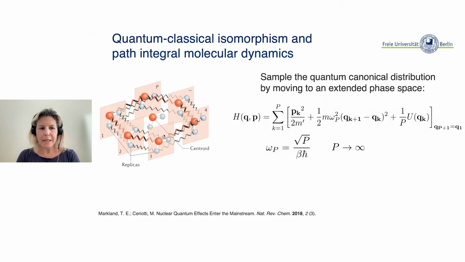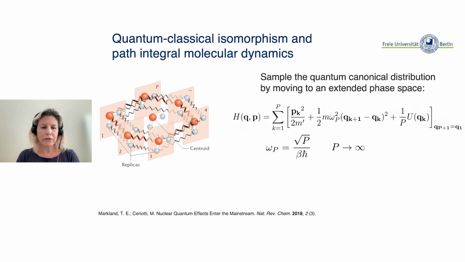All these beads in the ring polymer are replicas of the atom, and they are coupled together. Copies of the same atom interact with each other through springs, and copies from different atoms interact with the interaction potential.